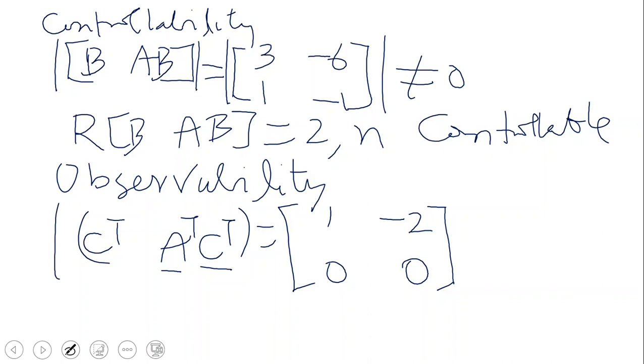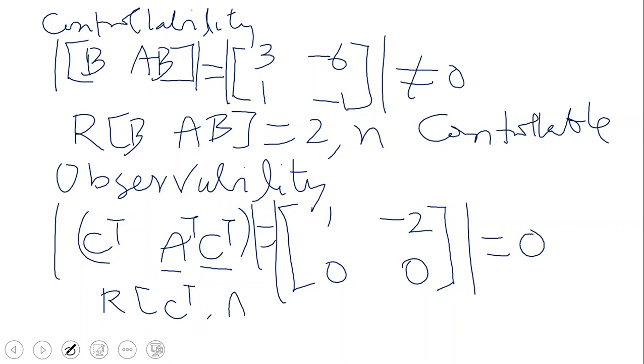Definitely, if we find out the determinant of this, we can say it is 0. If it is 0, then the rank of CT, ATCT is definitely not equal to 2. It is just equal to 1, which is less than 2.